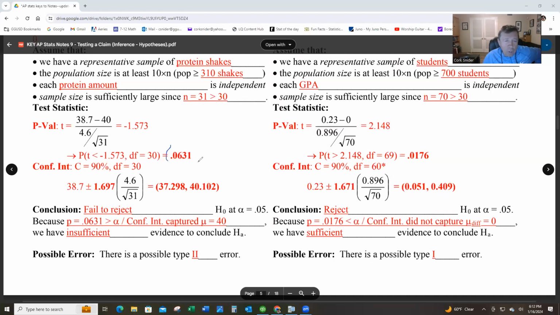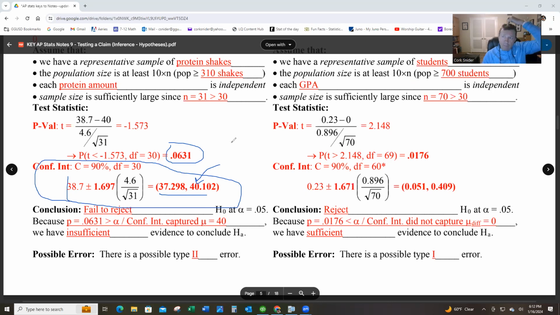We got 0.06 here. Now, if we did a 90% confidence interval, degrees of freedom 30, this is the previous chapter, we would get this. Notice that 40 is barely in the interval. This data that we obtained did not provide enough evidence that their claim is incorrect.